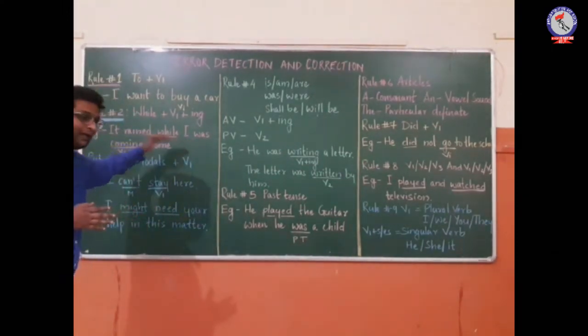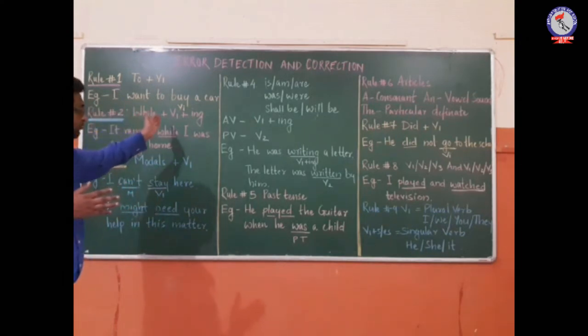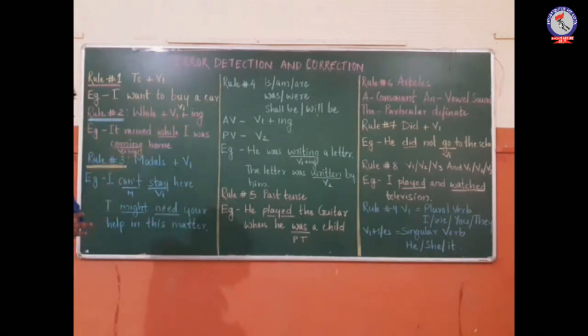We have used "while". The word that we have used is V1 plus ing, coming. So it is easy to identify that while plus V1 plus ing. If it is not in ing form, you can easily find out the error and correct it.